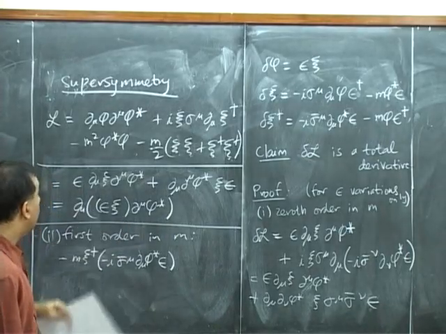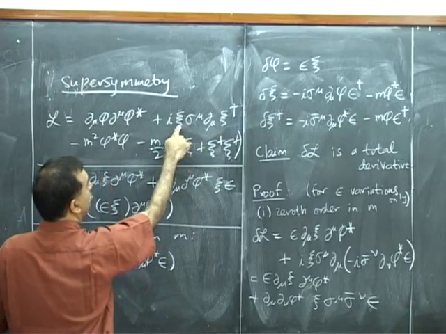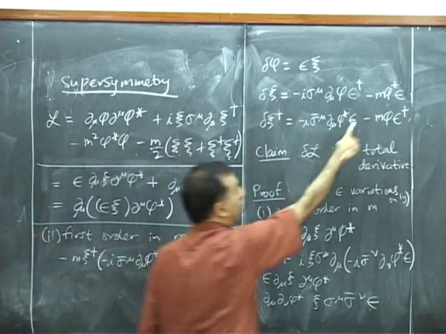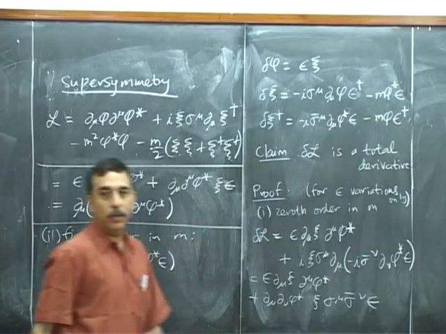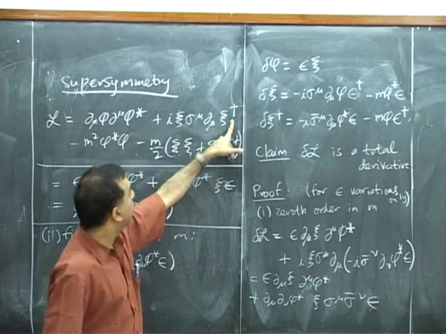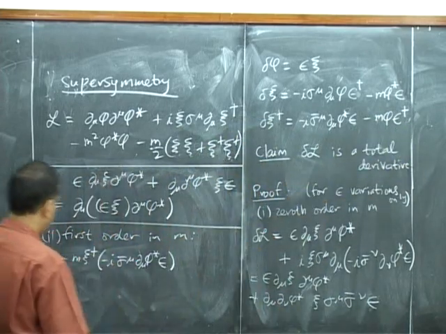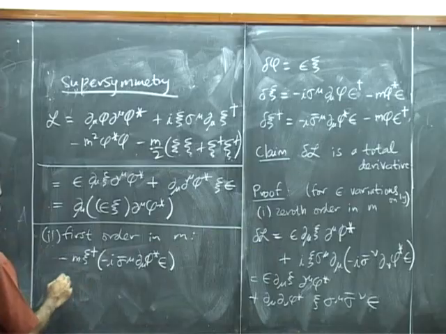The other term, I need to vary the kinetic term, and within it, I need to vary the first piece psi by minus m phi star epsilon. Okay. If I vary psi dagger, then I would get epsilon dagger. It's all kind of common sense.